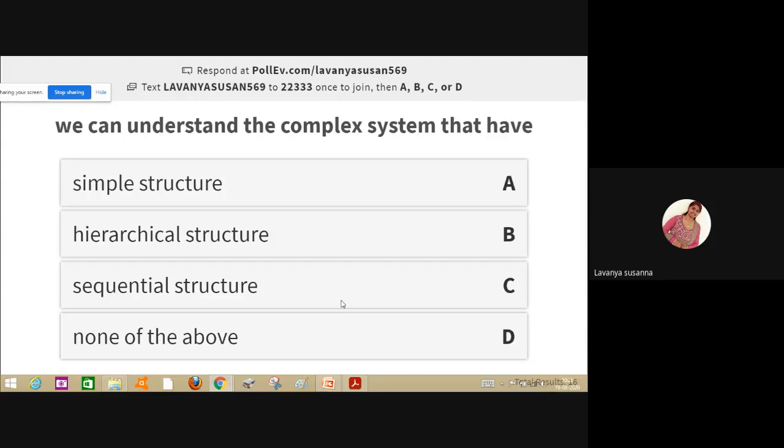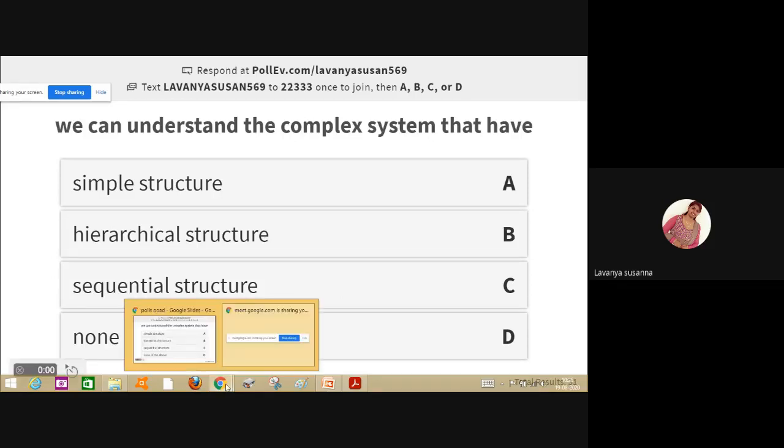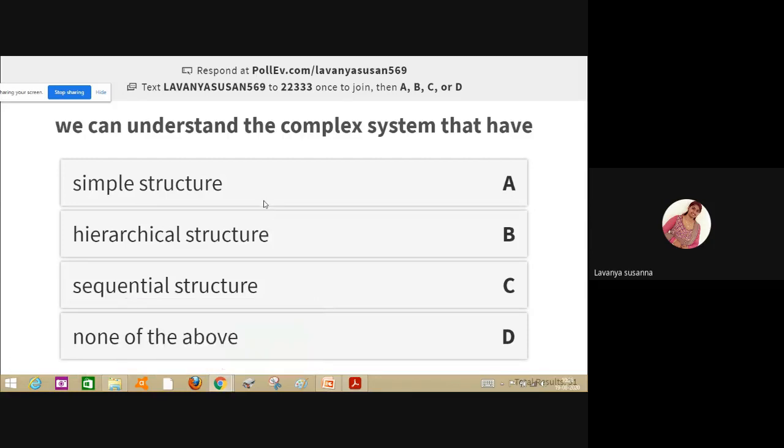I got only 14 results. All the students, everyone must answer. We can understand the complex system that has which structure?